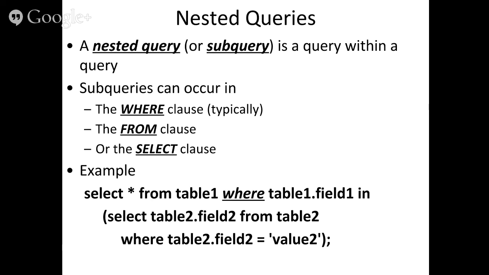Or if you know it's returning a single value, maybe you're retrieving one person by primary key and returning the last name of that person, then it could be used as table field equal to that one scalar value.